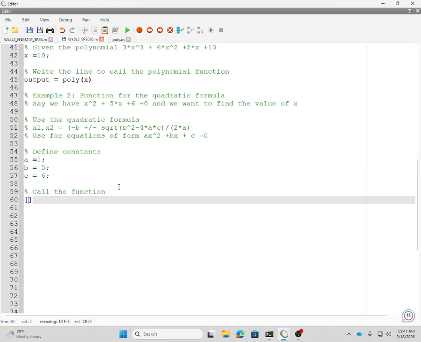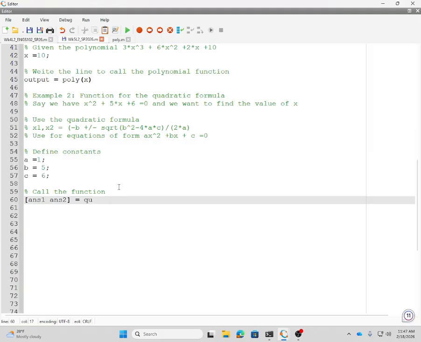For the quadratic equation, 2, right? So I should put a bracket, and then output 1, output 2, or answer 1, answer 2. It doesn't matter which name you want to use, but you have 2 outputs for sure. So that's what we'll be doing next.